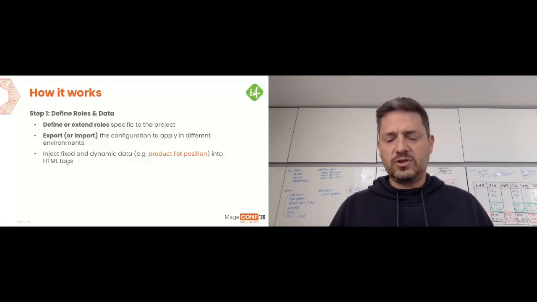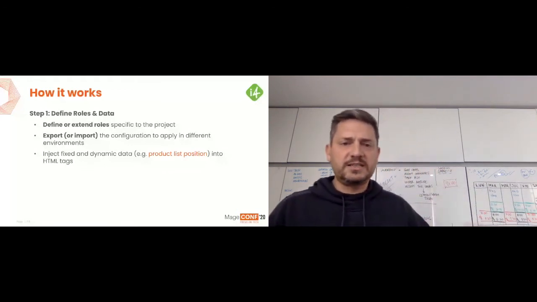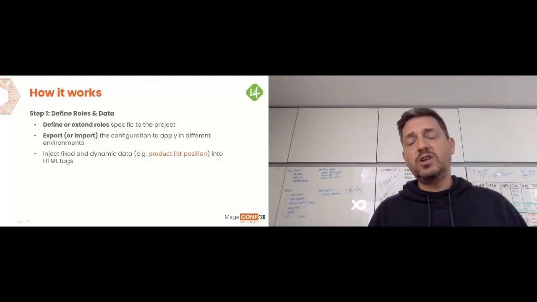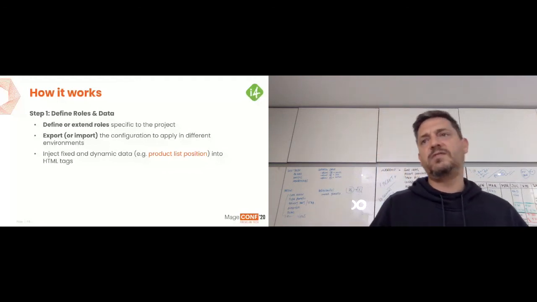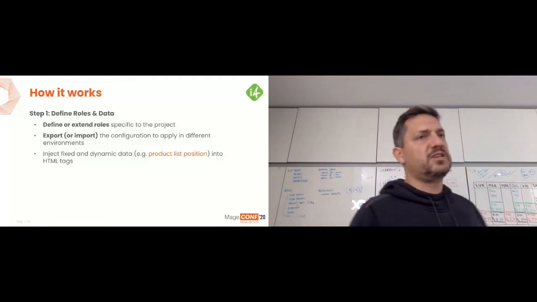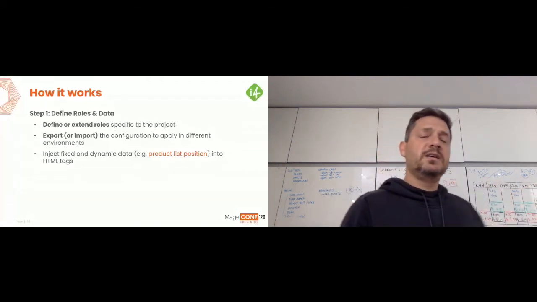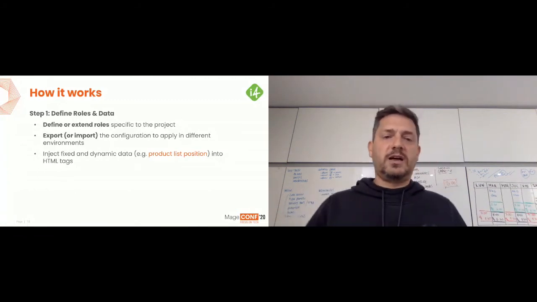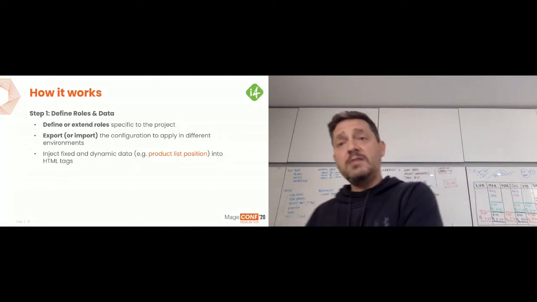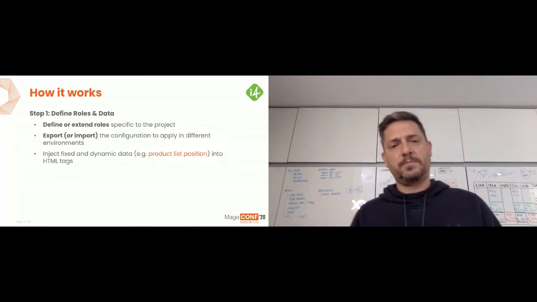This saves time on repetitive work. It's also important if you are running a project with different environments: dev, staging, and production. Whatever you define in the dev environment and it's working, you can pack and export, then import in staging and then in production.